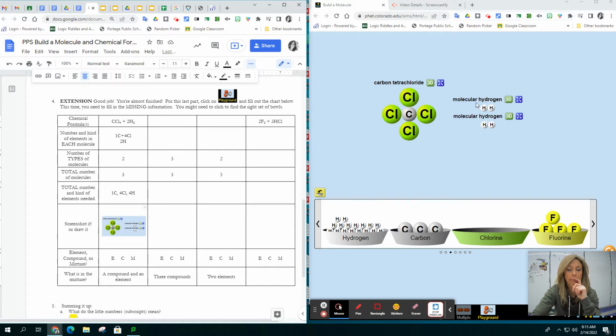Well, our hydrogen and carbon tetrachloride are physically put together, not chemically combined, so we have a mixture. So I'm going to highlight mixture.